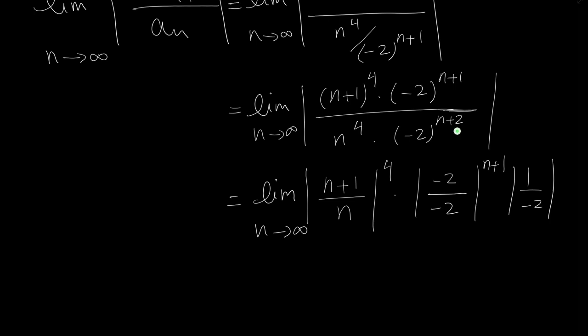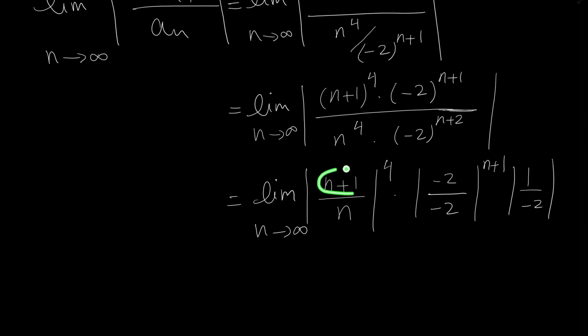Why? Because the exponent here is n+2, and here I have n+1. Okay, this one is 1, and 1 to any exponent is 1. Here I have -1/2 in the absolute value, so the answer is just positive 1/2.